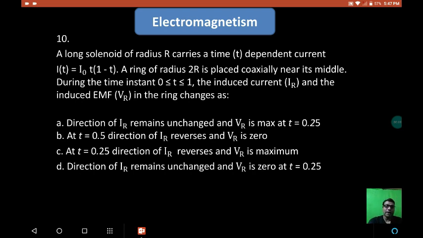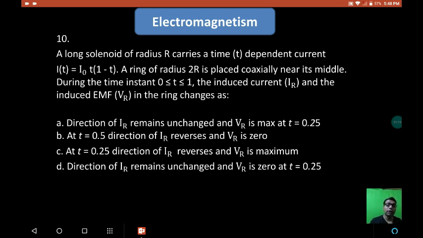The question asks us to find the induced current and induced EMF in the ring during the time instant when t lies between 0 and 1. The induced current IR and the induced EMF VR in the ring change. What does that mean?